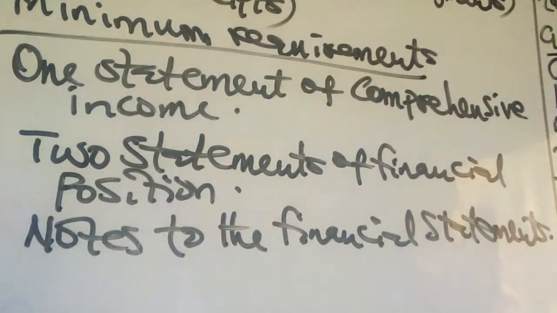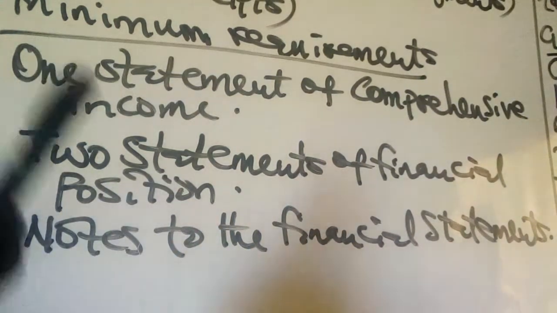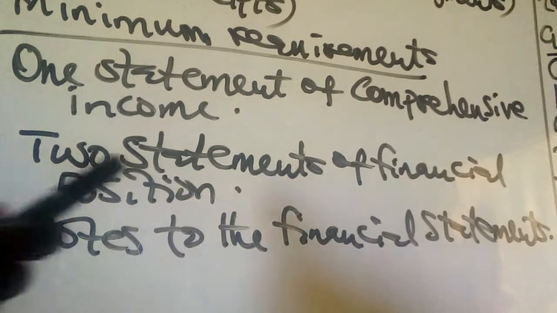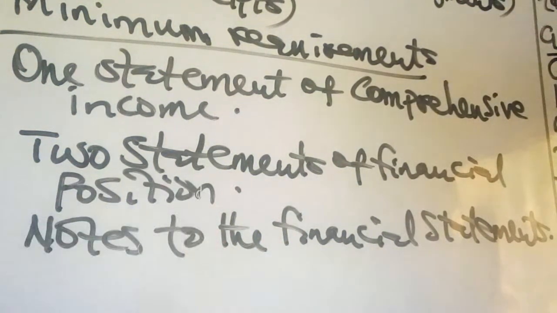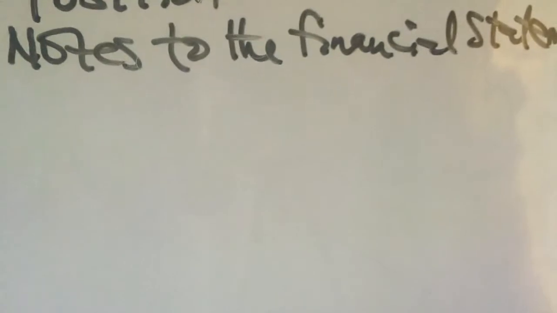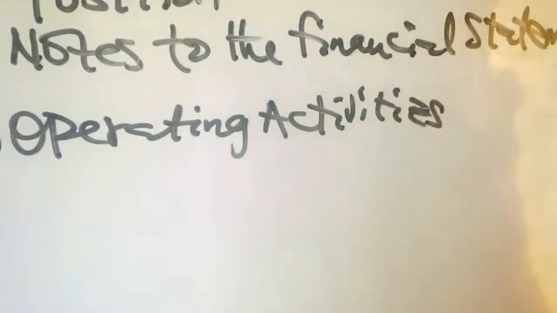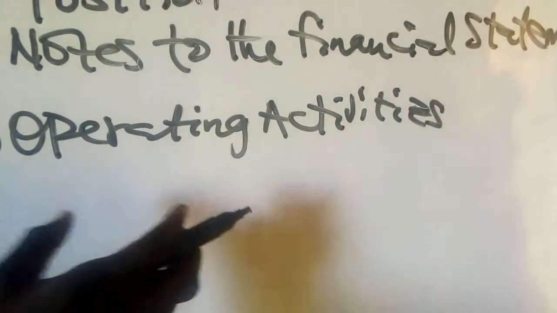Although IAS 7 does not prescribe a format for the preparation of the statement of cash flows, it does require the cash flows to be classified into three headings.